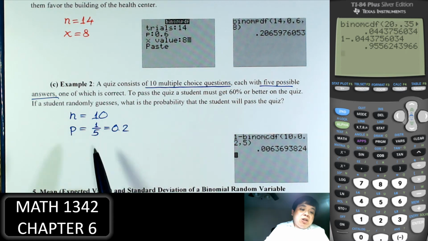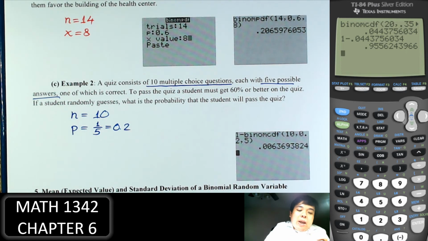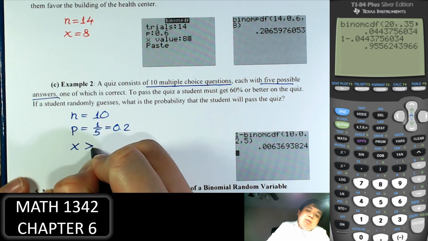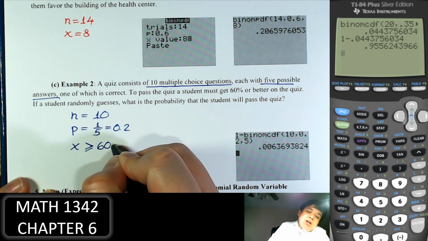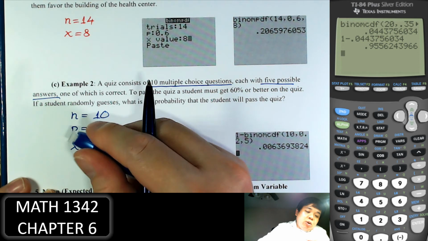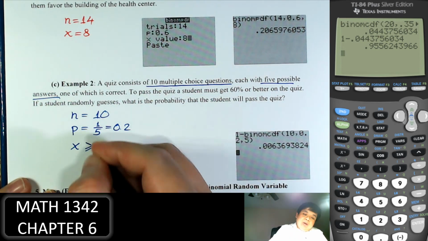So one of them is correct out of 5, so 1 out of 5, 0.2. Now, to pass the quiz, a student must get 60% or better, right? So to pass, we require the number of successes to be 60% or higher of 10. So there are 10 questions, 60% of 10 is 6. So x has to be greater than or equal to 6.